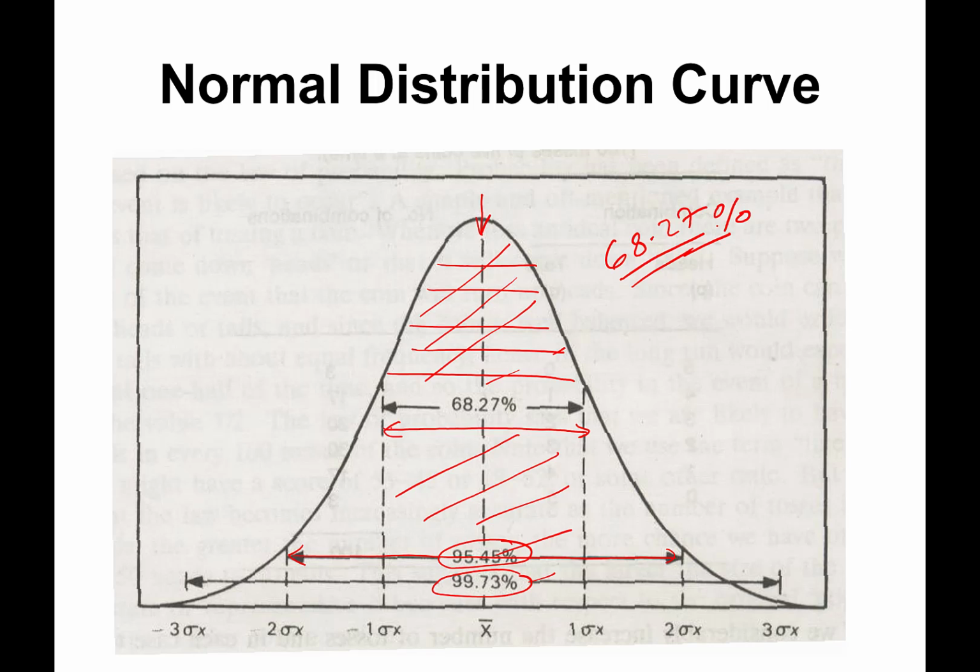Indirectly we say that the confidence level is 68.27% to have the data within 1 sigma spread about the average value, and likewise for 2 sigma it is 95.45% confidence level, and 99.73% confidence level for 3 sigma spread.